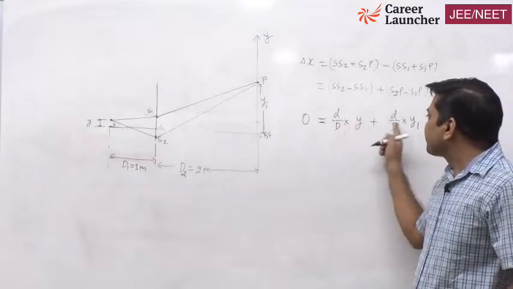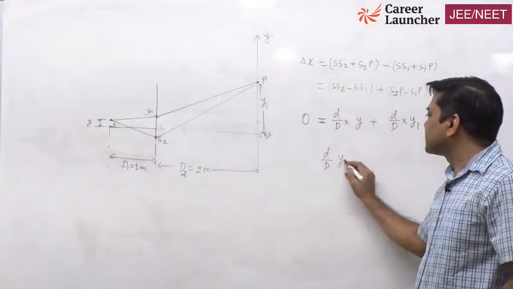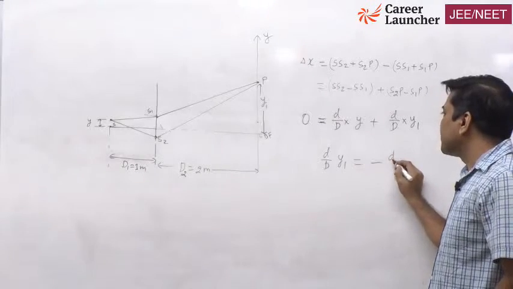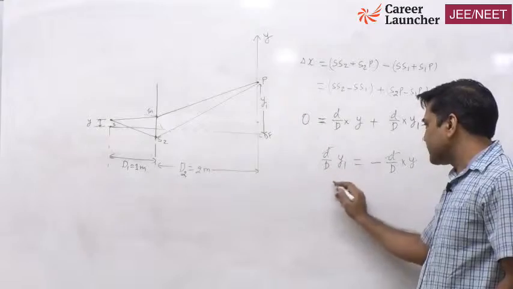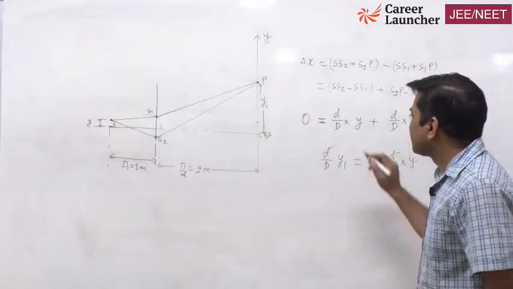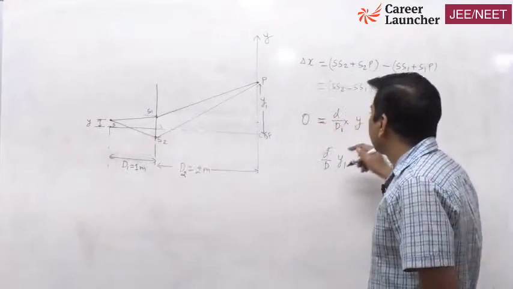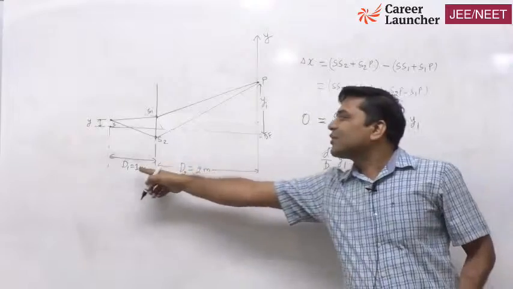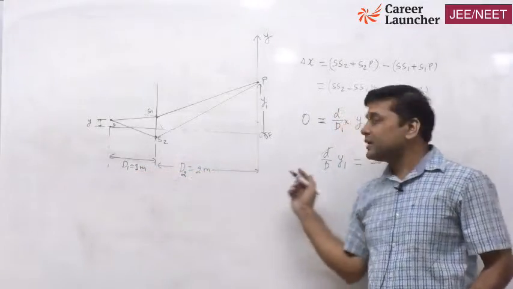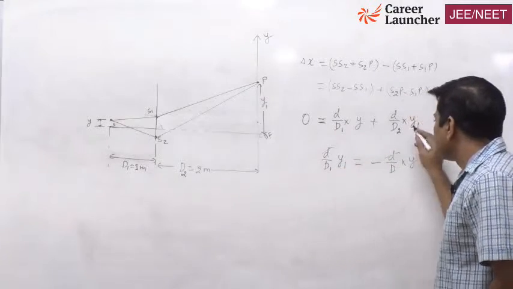So here d by d y1 equal to minus d by d into y. I should have written here d1, just I missed that point. So here it is y d by d1, and this is d2 because this distance is not given the same over here. So just this point you need to correct.